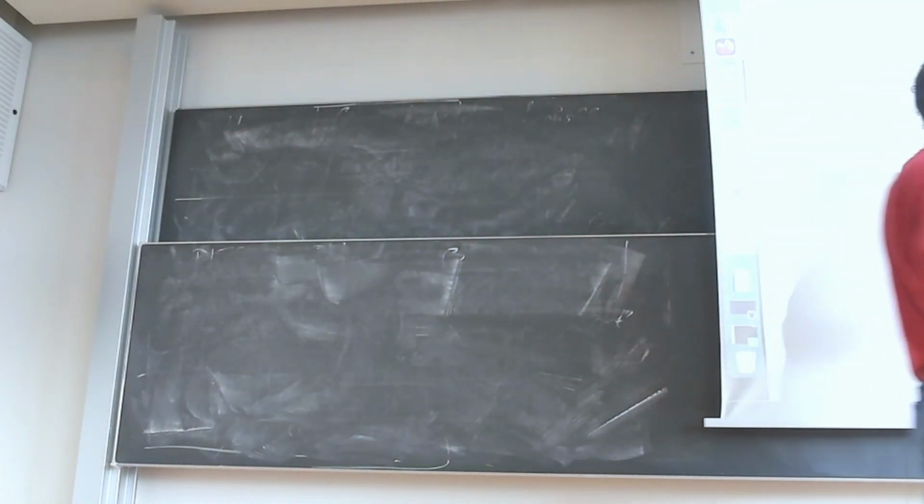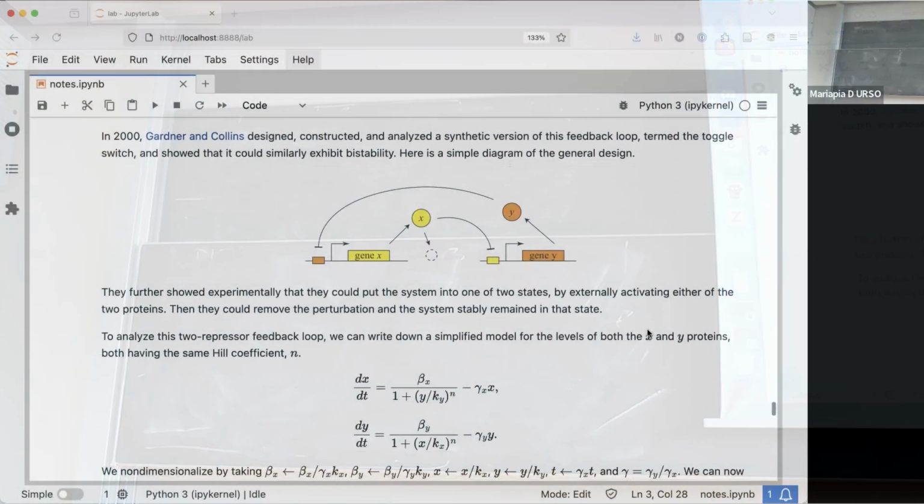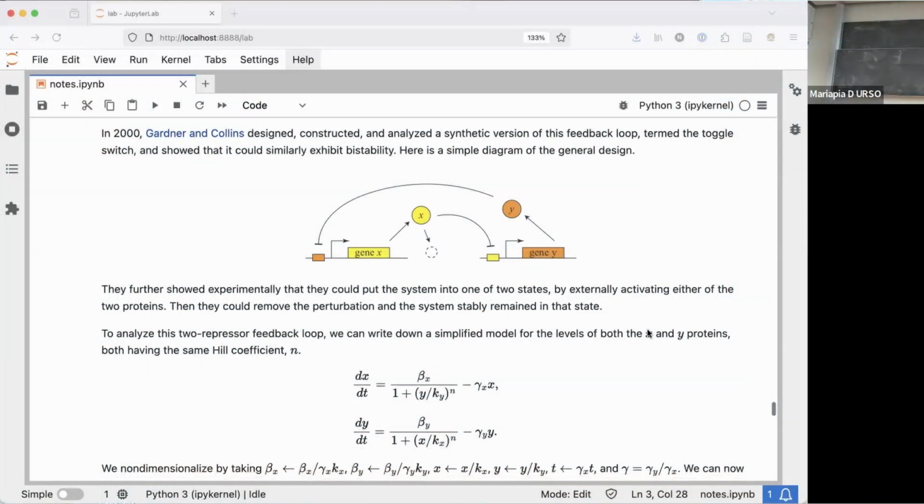And this is one of the first breakthrough genetic circuits that was presented 25 years ago. And what they had is that they didn't have positive autoregulation, but mutual negative regulation of two genes.